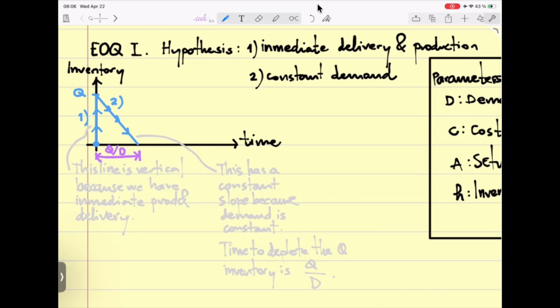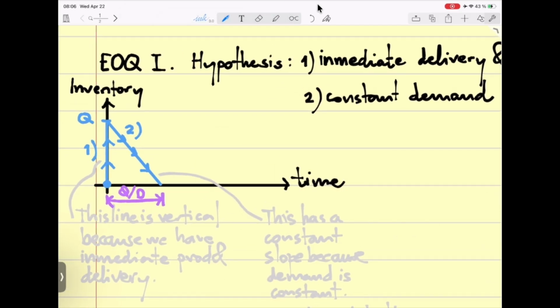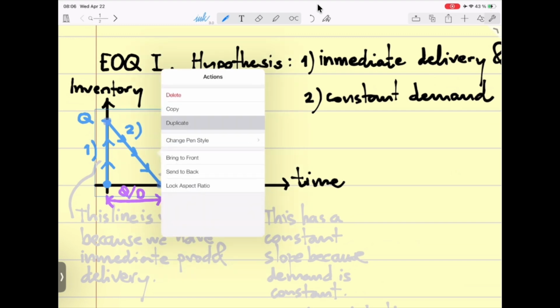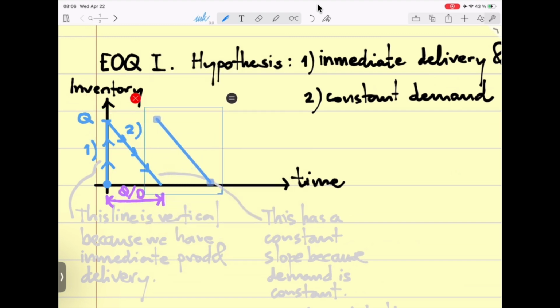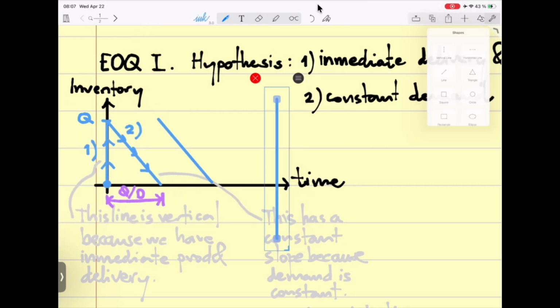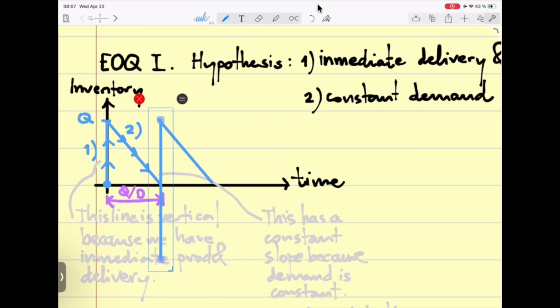Okay. So this is our model, and this repeats many times. As I said, this is an idealization.